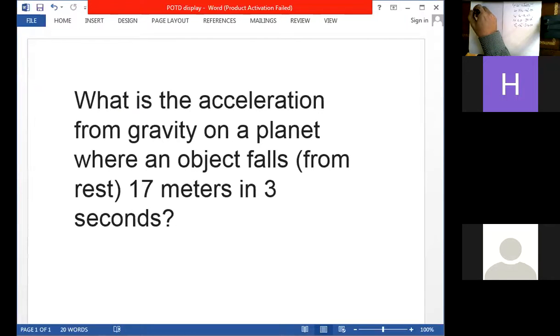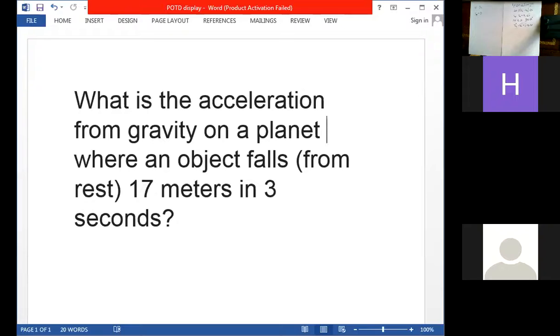Is 17 meters the initial velocity? A meter is not a velocity, right? Wait, then it would be 0? No. Initial velocity is 0. That's right, because it's falling from rest. So that means it's not moving yet, right when we let it go. So that's our second given, is Vxi is 0, or really Vyi.